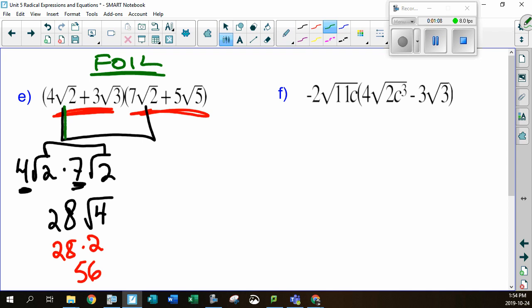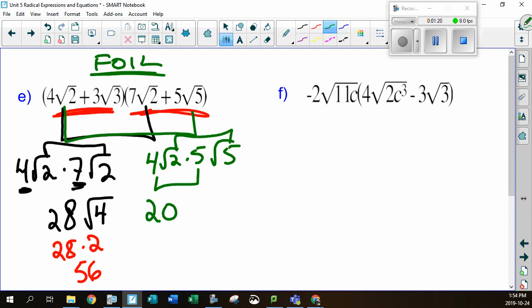Let's take a look at the outers now. Again, this is going to be 4 root 2 times 5 root 5. So now we have 4 times 5, which is 20, and root 2 times root 5, which works out to be root 10. That, of course, is added to this mess down here, 20 root 10. Then let's do our inners.